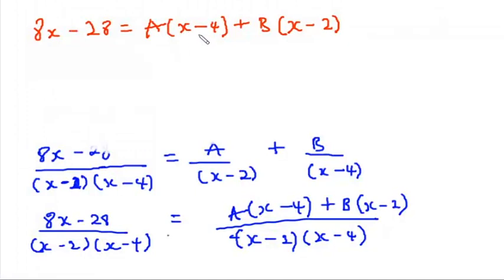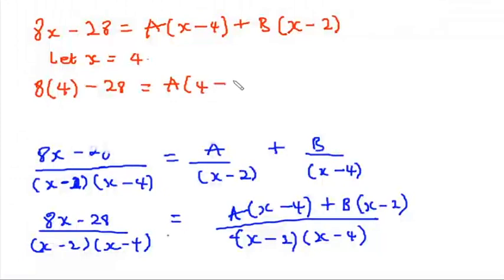Okay, so in this case, to make this part 0, we could let x equal 4. So if x equals 4, we have 8 open bracket 4 minus 28 equal to a open bracket 4 minus 4 plus b open bracket 4 minus 2.